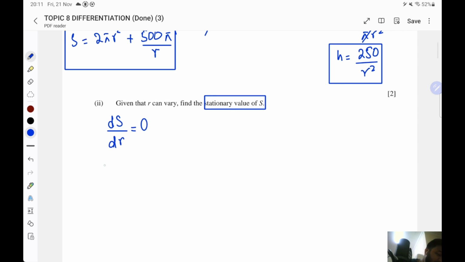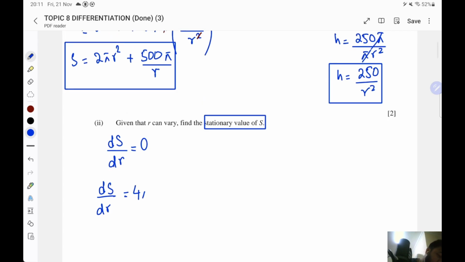So let's find dS by dr, which will be 4 pi r plus, we'll take r above, so it will become r to the power minus 1. I'll bring the power before it, which will turn out to be 500 times negative 1 pi, and then I'll reduce 1 from the power.